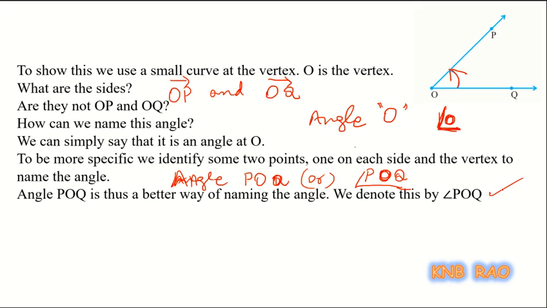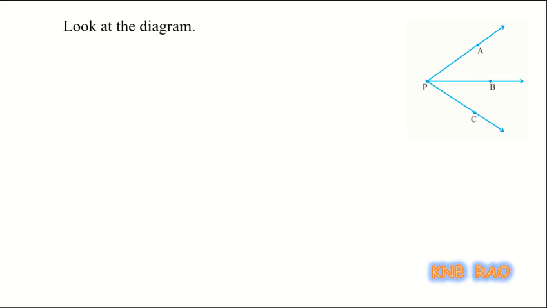Now students, coming to one special case. Look at the diagram. Could you see this figure? Now how do you name this angle? What is the name of this angle? Tell me. Shall we say angle P?